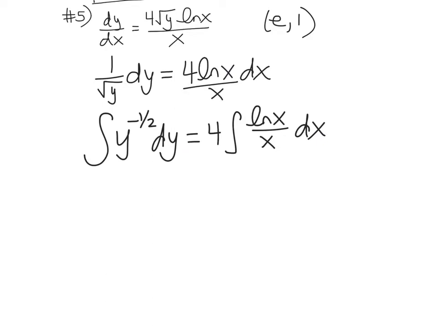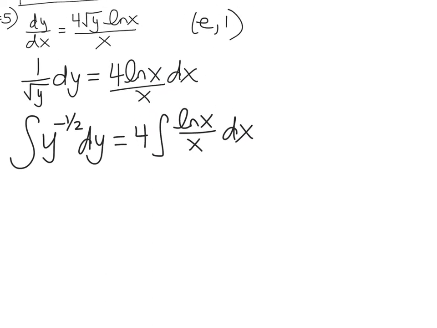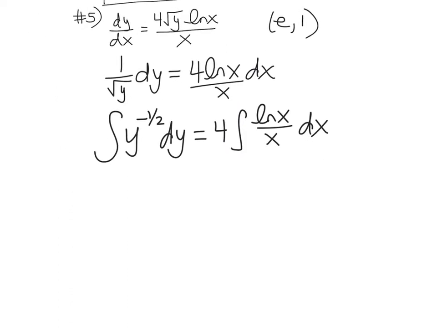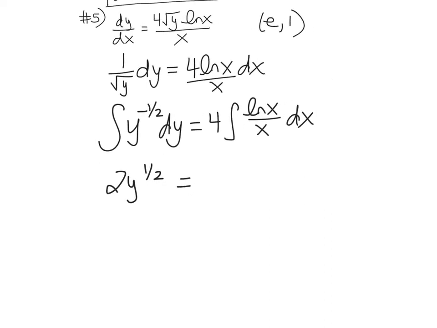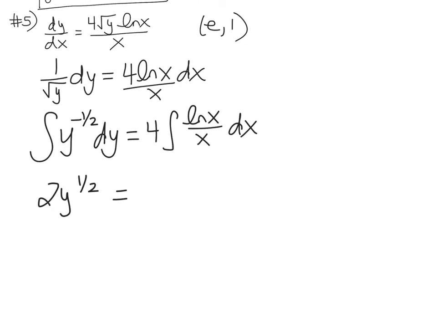It's good to practice anyways. So this side's no problem. Let's find the antiderivative of y to the negative 1/2. You add 1 and get positive 1/2, then divide by 1/2, so that would be 2y to the 1/2. Are we all okay with that? 2y to the 1/2.